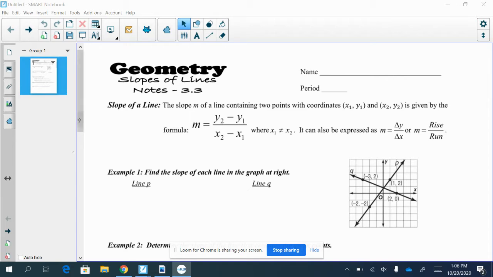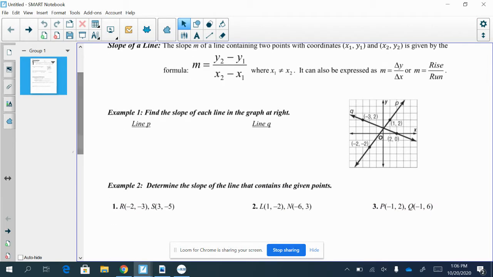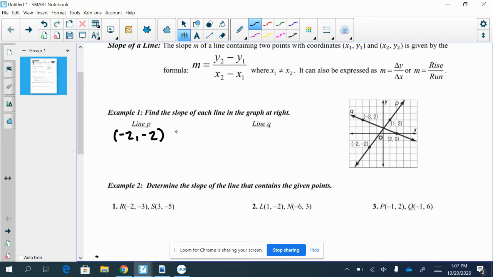So the first example, find the slope of each line in the graph at the right. So line P, this is line P right here. Line P has points of (-2, -2) and (1, 2). To find the slope m, it's the change in our y's.